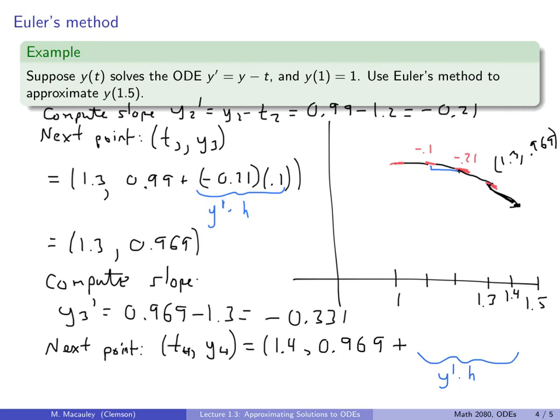So y prime is negative 0.331, h is 0.1, and we plug this into a calculator or a computer. This gives us the point 1.4, and then the y value is 0.9359. Okay. So one more point to do.